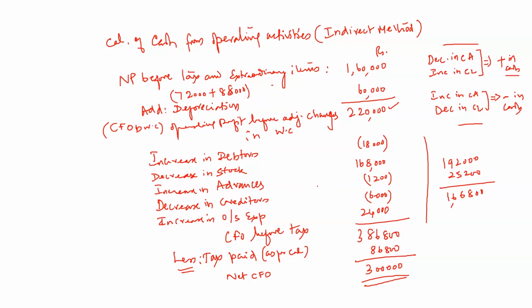Whereas here, in case of indirect method, we first consider the net profit before adding back all the non-operating expenses. Then we adjust the changes in working capital, and the amount of tax paid should be deducted, and the balance should be taken as net cash flow from operating activities.